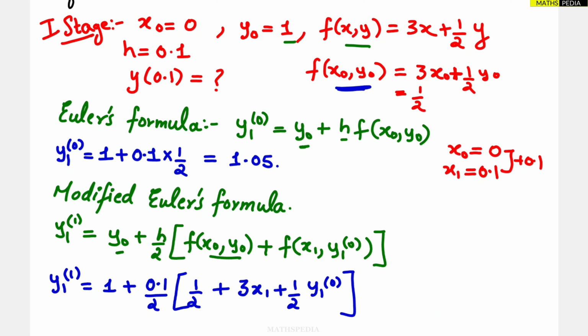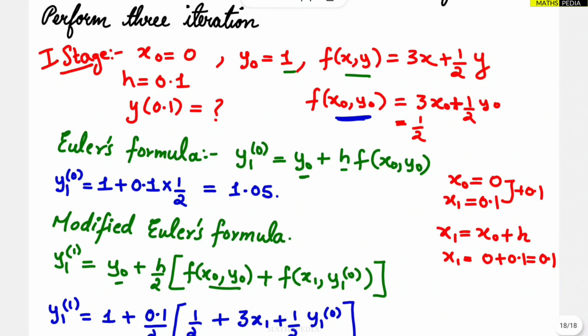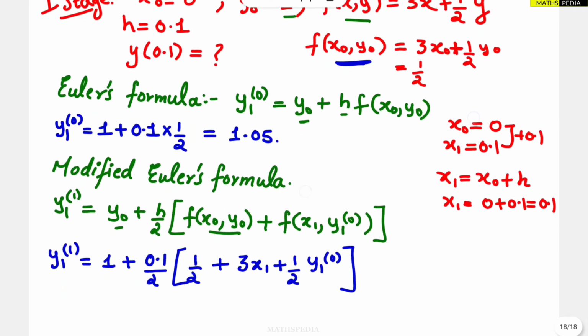So x1 is basically the previous value of x, that is the initial condition x0, plus the step size. So x1 becomes 0 plus 0.1, which is equal to 0.1. Simple. So in the first stage, we are using the x1 value as 0.1. You can note this part before applying Euler's formula.